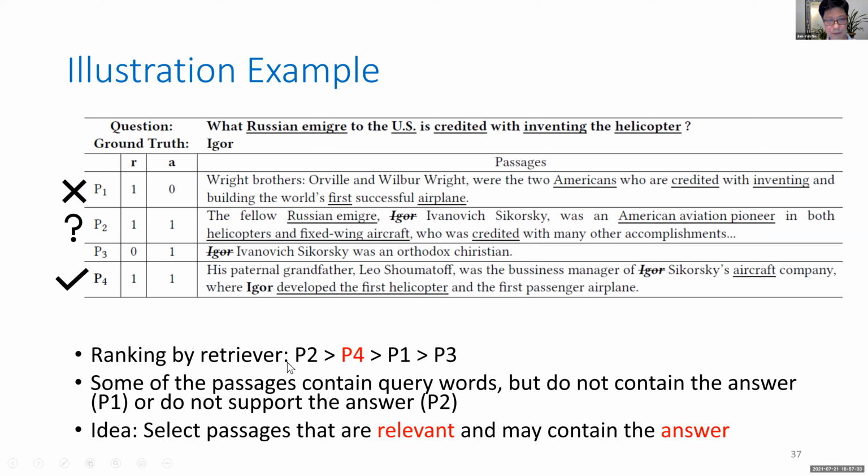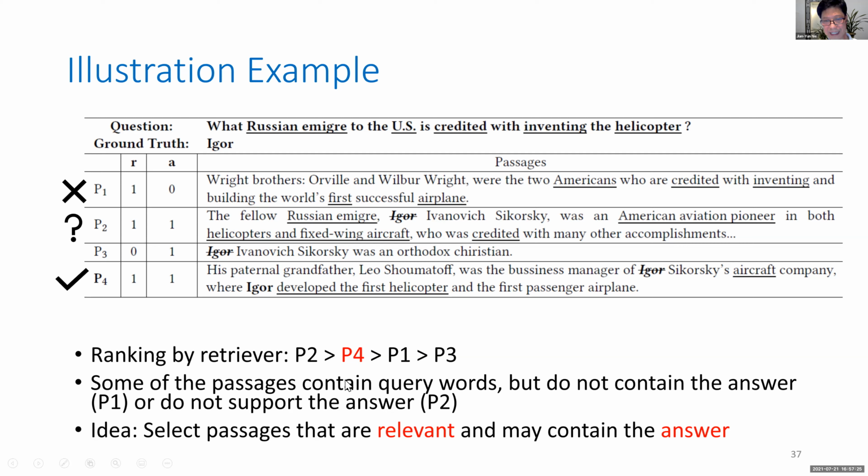But typically, you will observe that P2 will be ranked higher than P4 in the traditional information retrieval process. So what we want to do in this work is to re-rank the passages, to rank P4 before P2.